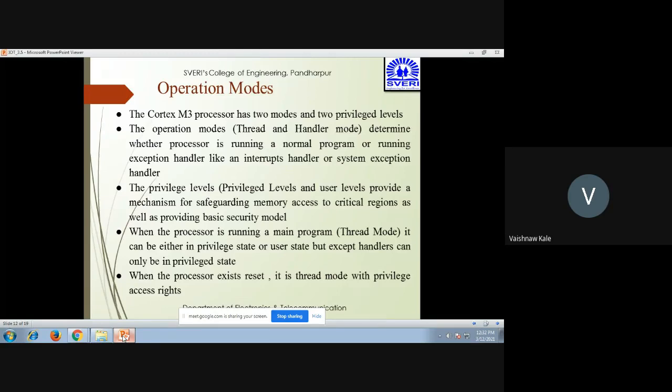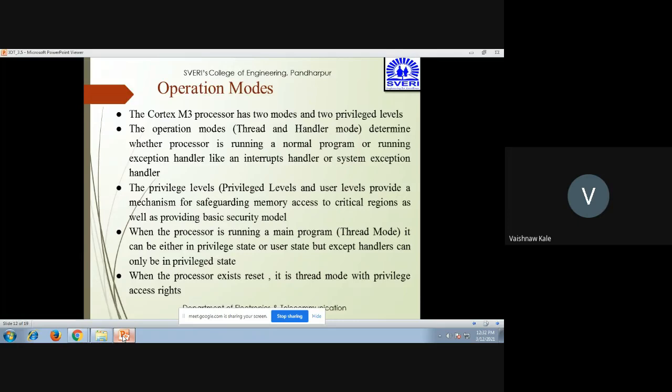Hence there is a user level as well as a privilege level. Depending upon what kind of security is to be provided, it can access in privilege level or user level. A user level can get an opportunity to work as a privilege level, but that too has limitations.